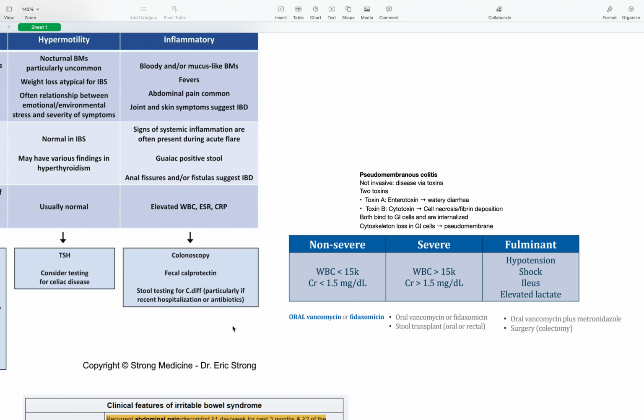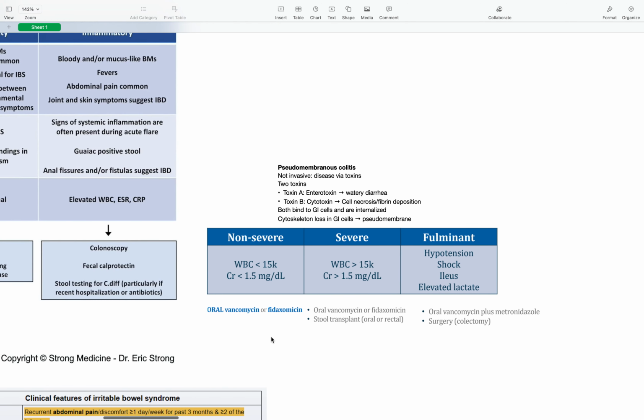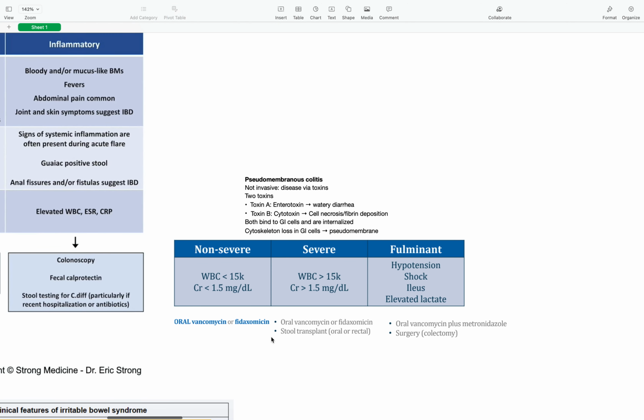In fact, chronic use of proton pump inhibitors can also cause C. diff infection. So patients present with severe watery diarrhea, and sometimes it may turn bloody as well.